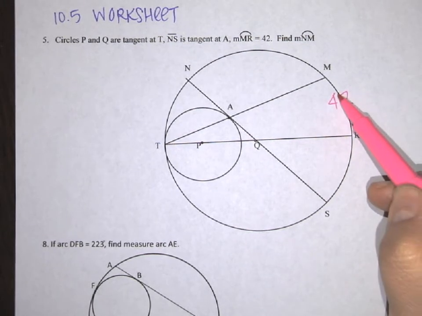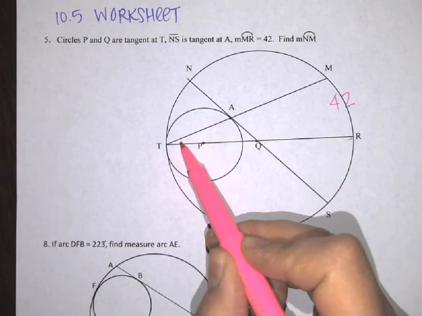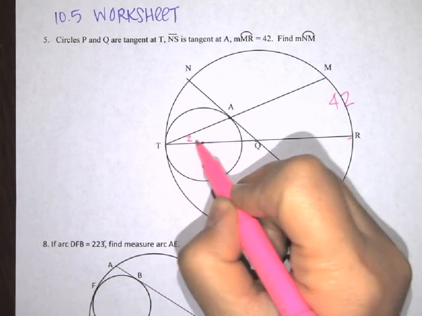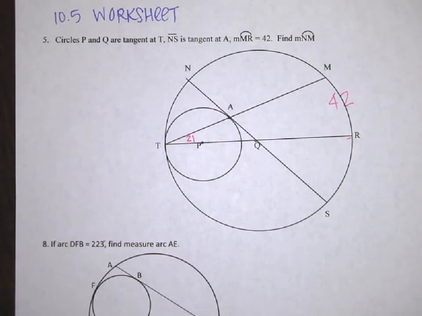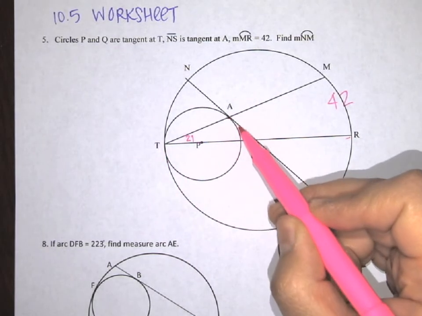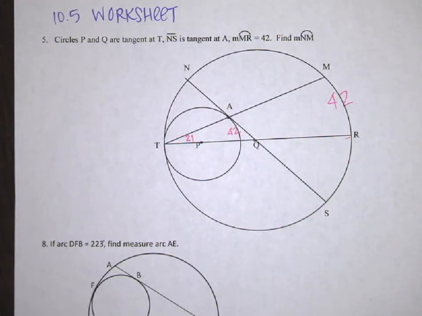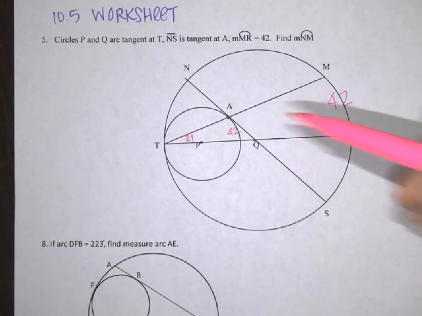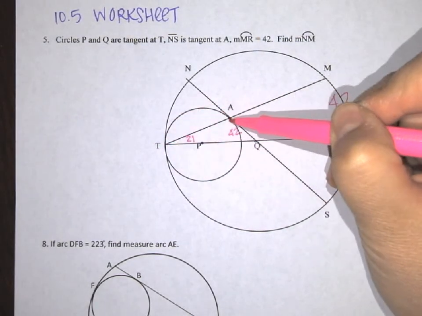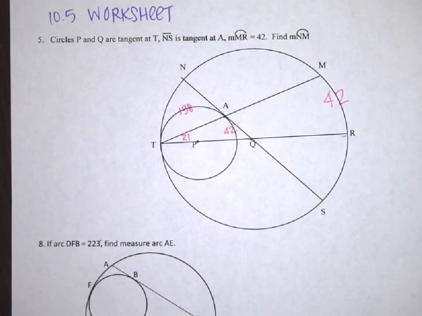So if this is an intercepted arc, the angle that goes with that is this angle here. This is an on angle, so this is 21. This on angle also has an intercepted arc here, which is also 42. So if this is 42 and this is a diameter, then this whole arc here is the rest of the semicircle, so 138.